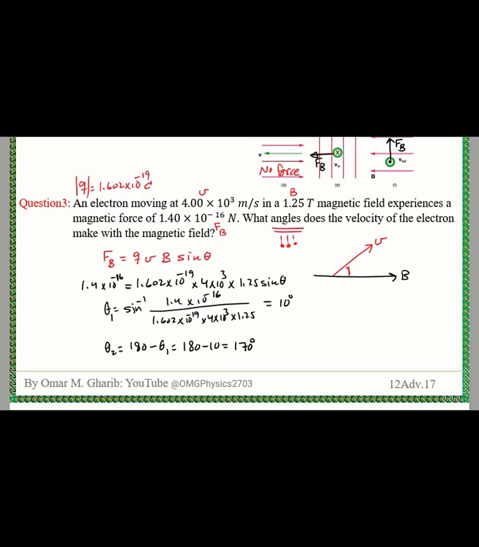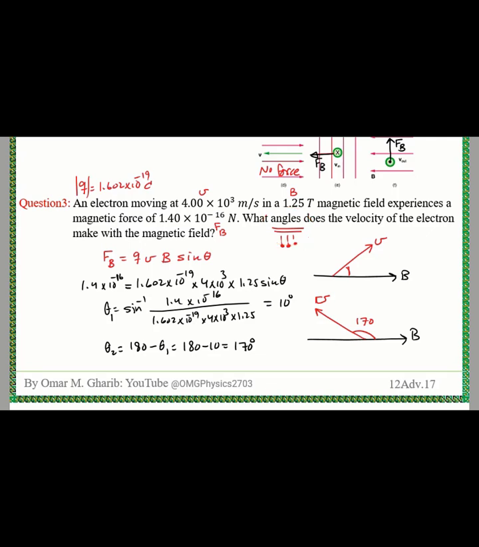Like this situation, this is our magnetic field, and the other angle that has the same magnitude of force is here, 170. That's why the question told us to find the angles, not the angle.